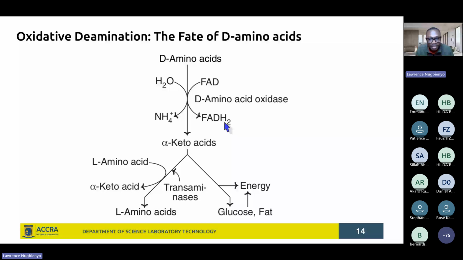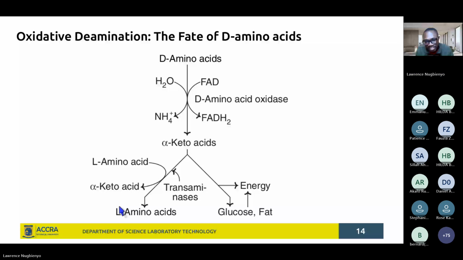The alpha-keto acid can then undergo transamination to produce L-amino acids. In that process, an L-amino acid transfers its amine group and forms an alpha-keto acid. And this alpha-keto acid, which was formed from the D-amino acid, will then receive that amine group to become an L-amino acid.